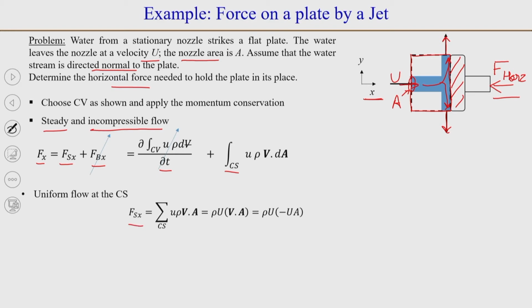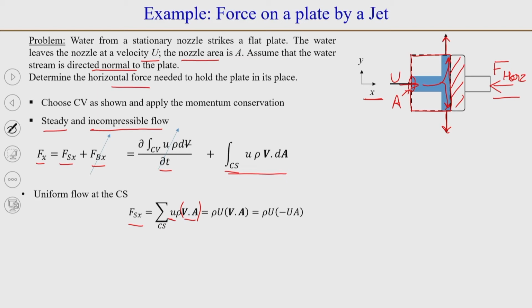So, the surface force along the x direction is equal to, on replacing the integral with summation, u rho V dot A. V dot A is a scalar quantity and u is the x component of velocity. Now, if we simplify this, u is the x component of velocity, and the flow is along the x direction.